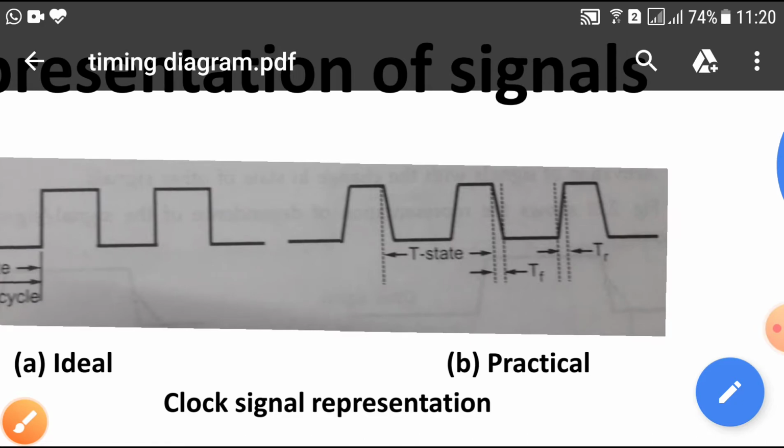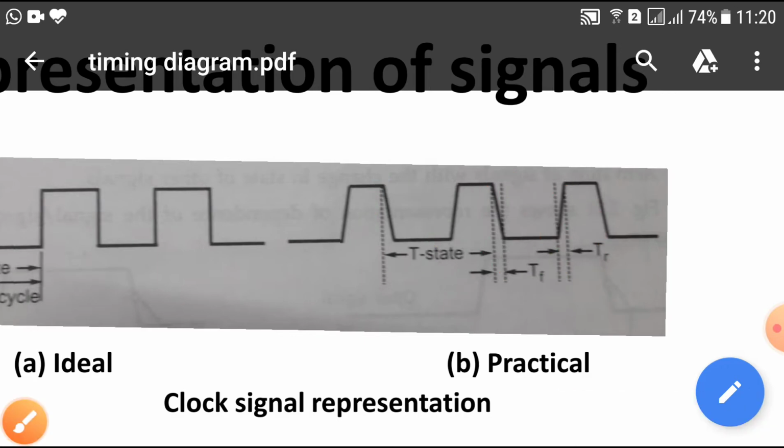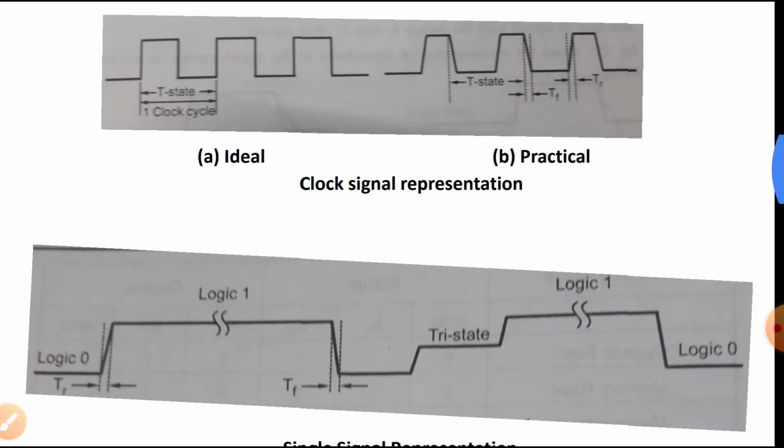This is the practical one, in which there are a certain finite rise time and fall time. As you can see here, this is the rise time and this is the fall time. This is about how the clock signals are represented.